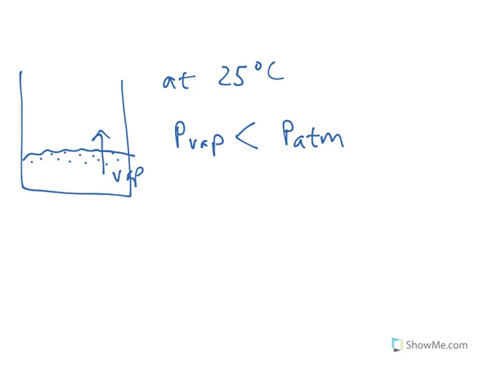Now, let's go back to the non-funky world where we actually have an atmospheric pressure. What happens if we start to increase the temperature? Let's go to 75 degrees C. Now, we all know that the boiling point of water is 100 degrees C. Would water be boiling at 75 degrees C?